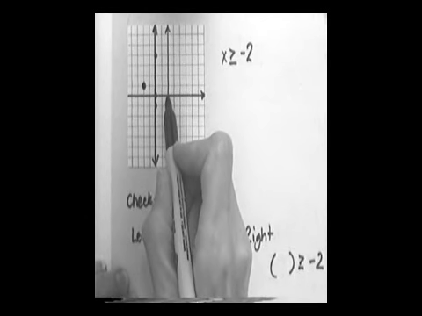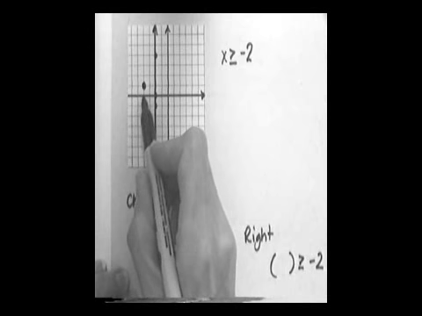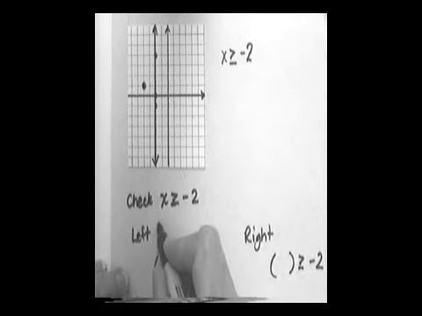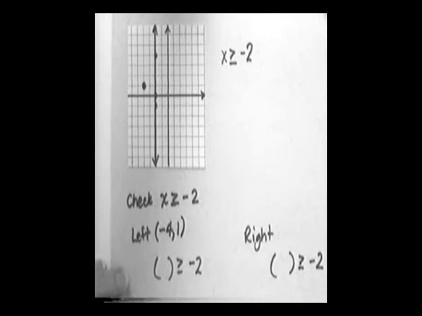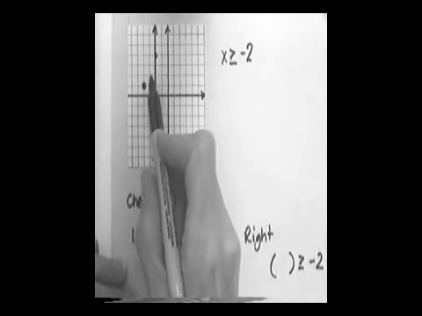The coordinates are -4, 1. So our point -4, 1 is to the left. For the check, we fill in the x value, which is -4. We get -4 is greater than or equal to -2. But -4 is not greater than or equal to -2. That means we have a false, and therefore this side should not be shaded.